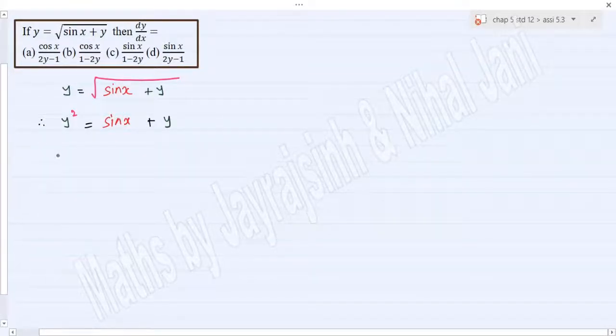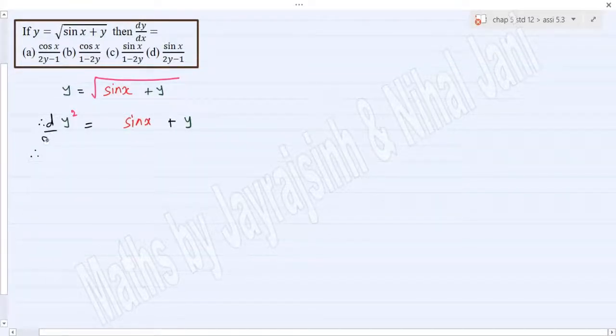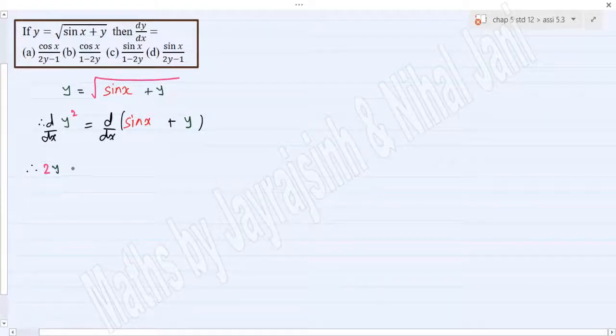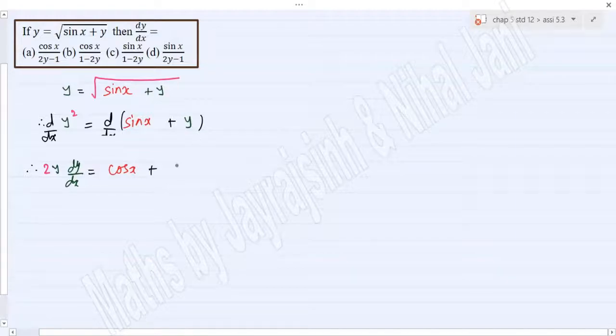Now, our next step is to differentiate both sides with respect to x. Differentiation of y² will be 2y dy by dx is equal to differentiation of sin x is cos x plus differentiation of y will be dy by dx.